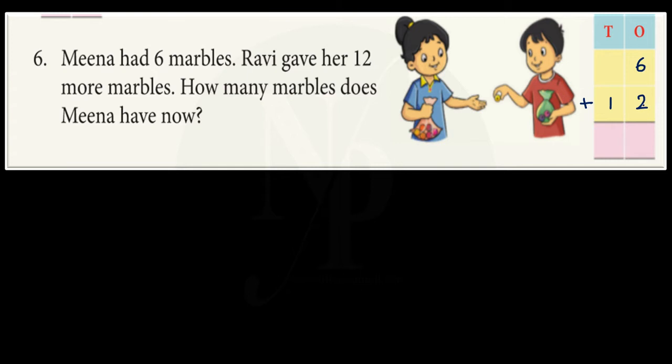Adding 2 to 6 we get 8, and here we don't have any digit to be added, so this can be treated as 0 here, and 1 plus 0 is 1. Therefore 18 is the answer or sum here, which represents the total number of marbles Meena has now. So Meena has 18 marbles now.